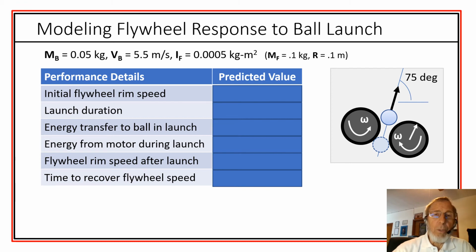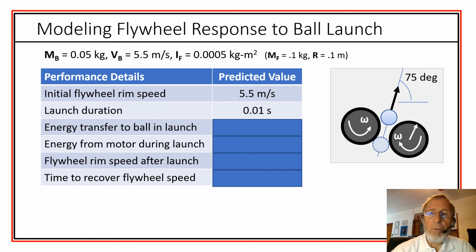First, what's the initial flywheel rim speed? Well, we calculated that already. That's 5.5 meters per second. With this speed and the ball passing through there, how long is a ball in the launch? So what's the launch duration? It comes out to be somewhere on the order of 1/100th of a second. And how much energy is transferred to the ball in the launch? Well, it's the amount of energy that the ball needs, or the kinetic energy of the ball, when it's initially launched.